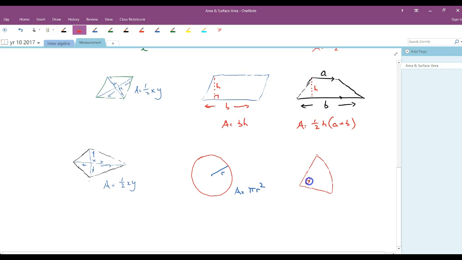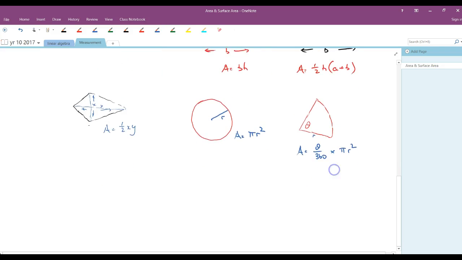If this is my angle theta, and this is r here, then my area is going to be theta over 360, because that's the fraction of the circle I've got, times pi r squared, being the whole circle's area.